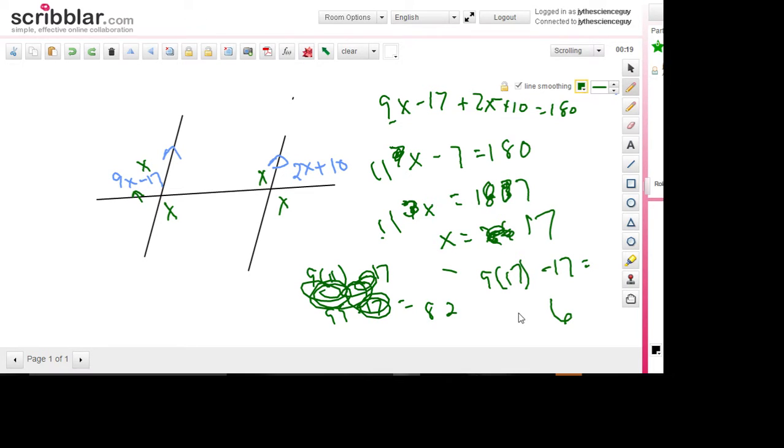Is that right? I don't know if I did it right. Okay. I don't know why my brain is not working this morning. Okay, so I'm going to take 17 times 9, and then I'm going to subtract 17 from that. 136. So that's my answer.